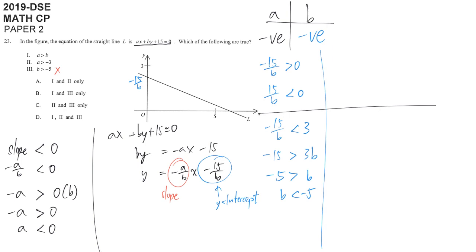To consider A, we have to use this information because we didn't use it yet. At this point, we have to find out the x-intercept. For the x-intercept, we are considering when y equals 0. So ax plus 0 plus 15 equals 0.